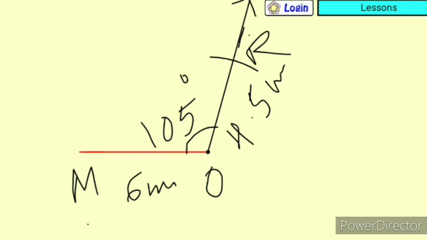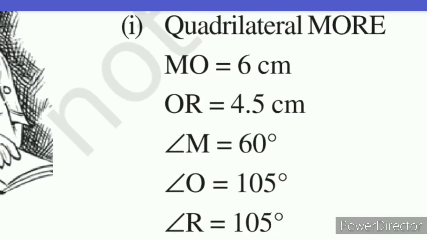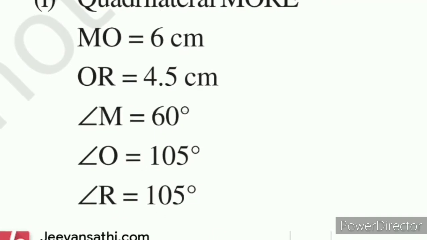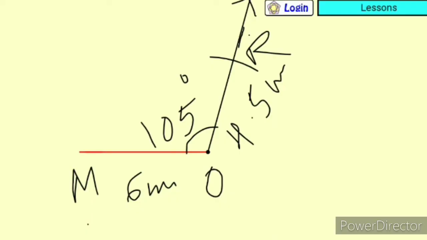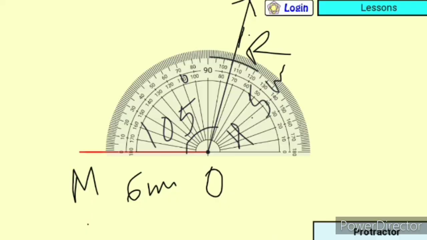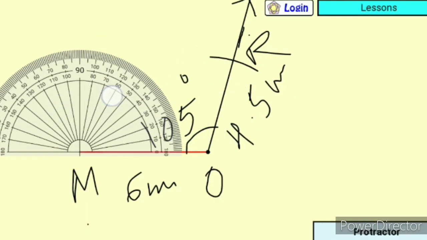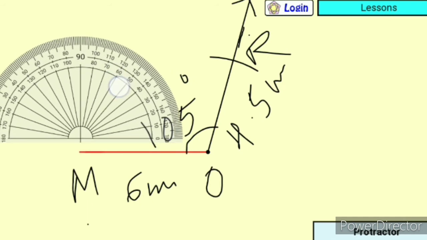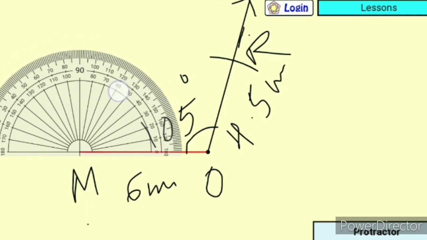Only the 2 adjacent sides' measures were given, MO and OR are adjacent sides. It is over. Remaining 2 angles. Which are the angles? R 105 degree and M 60 degree. Using the protractor at M I am going to construct 60 degree. Now look at the line.